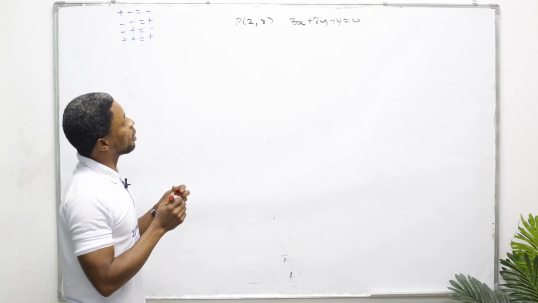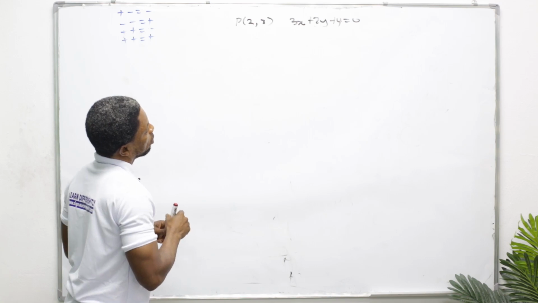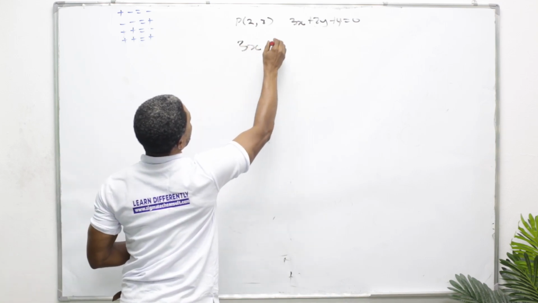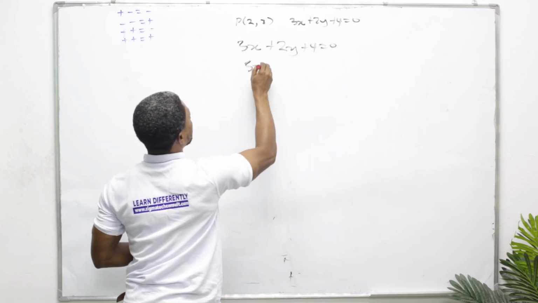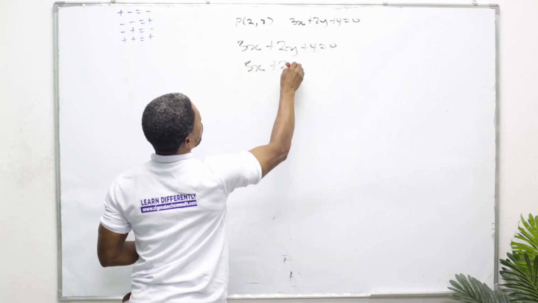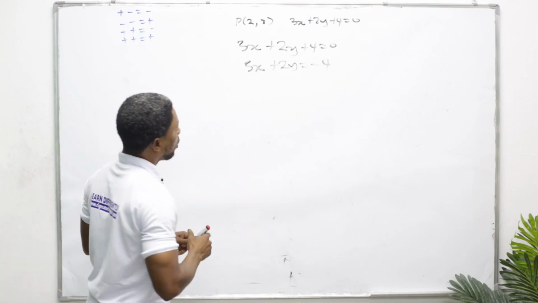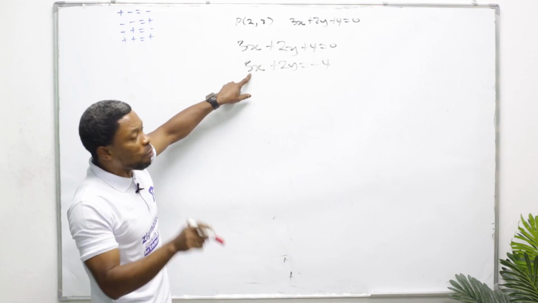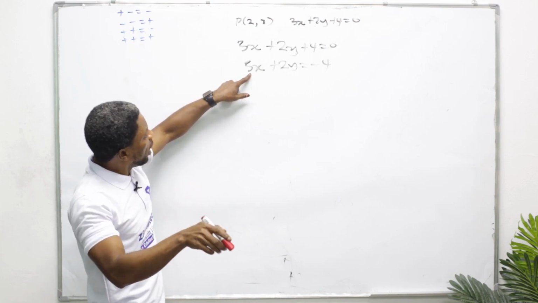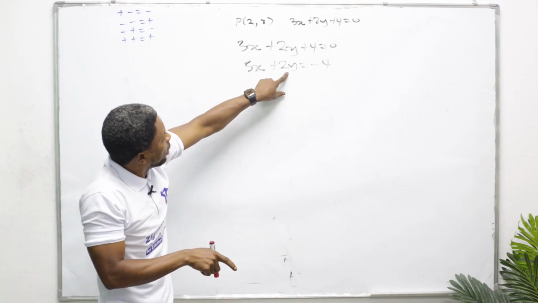For perpendicular lines, I have 3x plus 2y plus 4 equals 0, which is the same as 3x plus 2y equals minus 4. For perpendicular lines, what I need to do in this case is revise the coefficients of x and y.